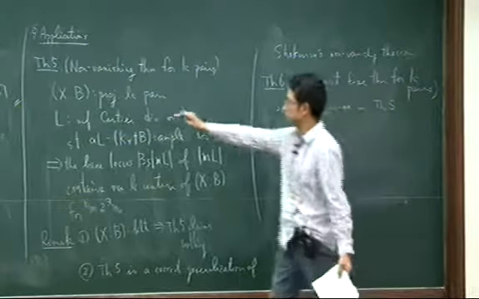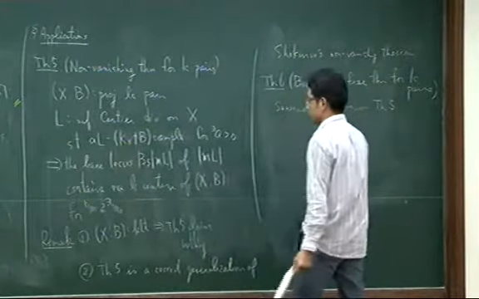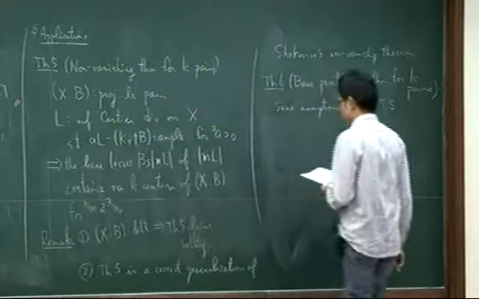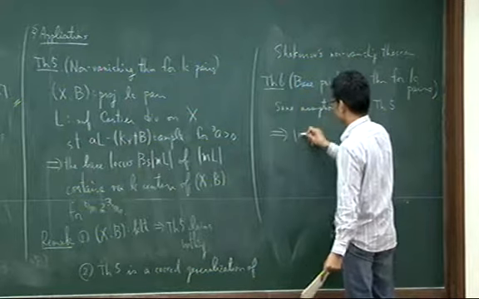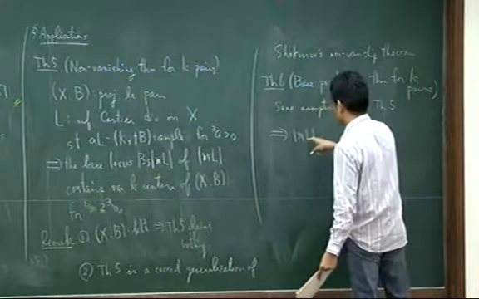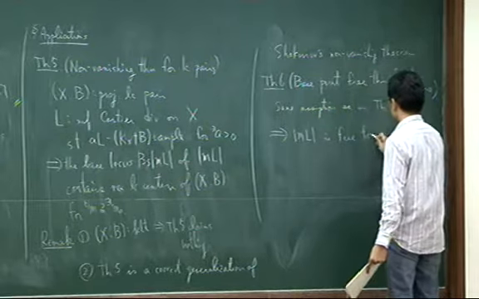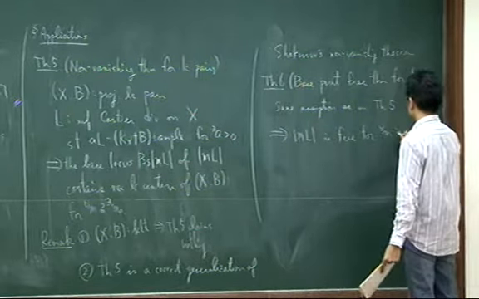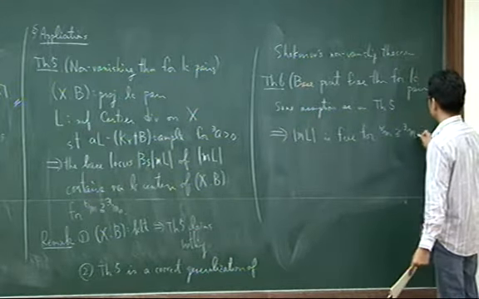So this means X B is a projective log canonical pair and L is a nef divisor, such that L minus (K_X plus B) is ample. Then this complete linear system |ML| is base point free for any M greater than or equal to some fixed M1.